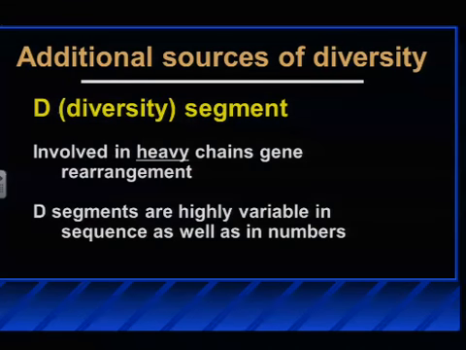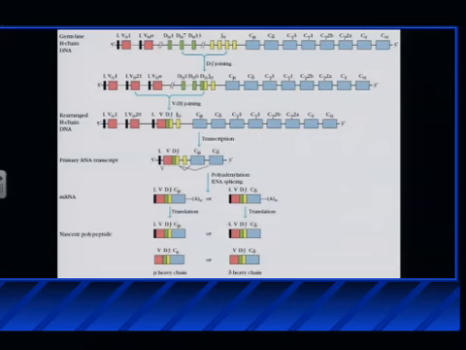Now, in the heavy chains, there's yet another piece of DNA called the diversity segment, and you have a bunch of those. So now you add a third digit to the whole story. Here is the variable region, here are the J segments, and here are the D segments. Once again, you can pick and choose, and of course there's a lot more than three or four of these.